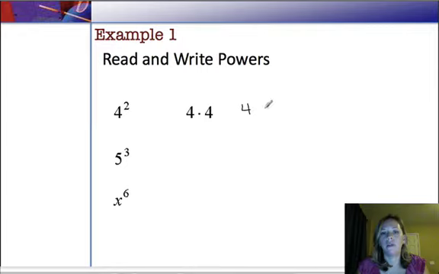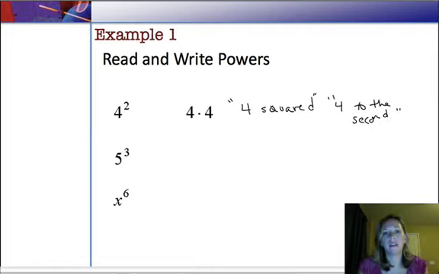We could say 4 squared. That's one way we could say it. And sometimes we say 4 to the second power. Sometimes we also just say 4 to the second, and we leave off that word power, but it means the same thing.